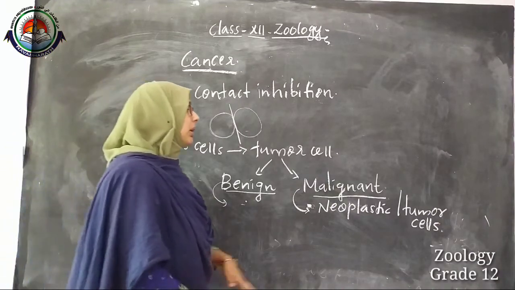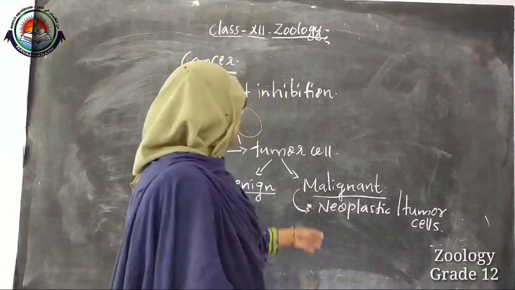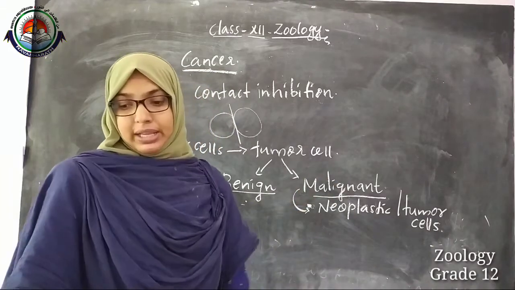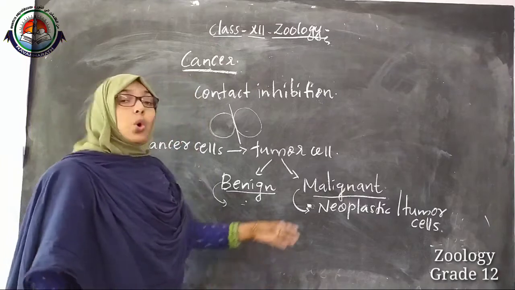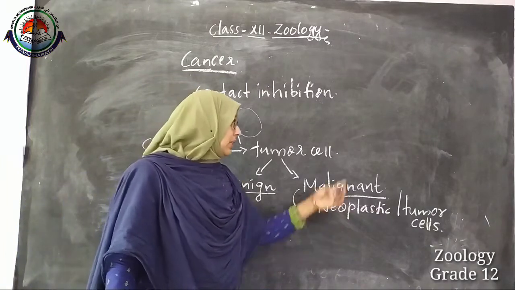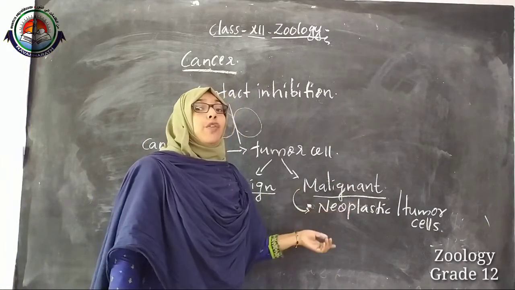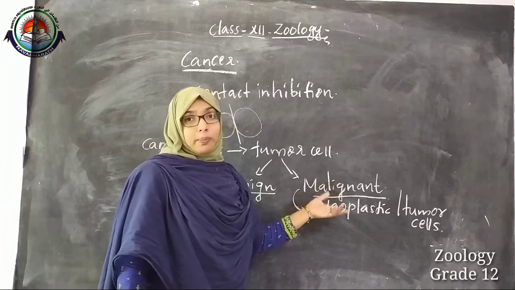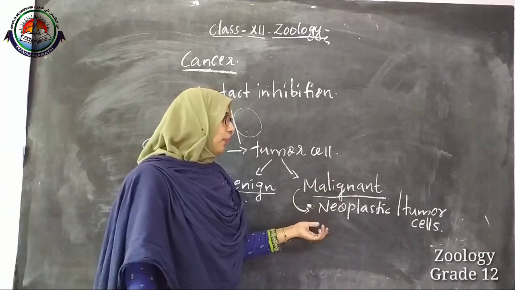Unlike a benign tumor, a malignant tumor spreads from one place to another, and it also competes with the normal surrounding cells for the vital nutrients, and it will succeed in that competition.